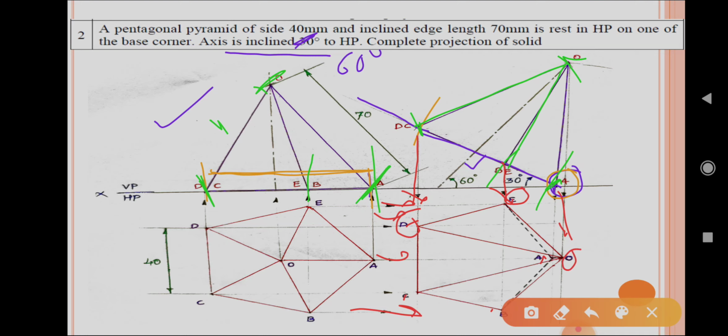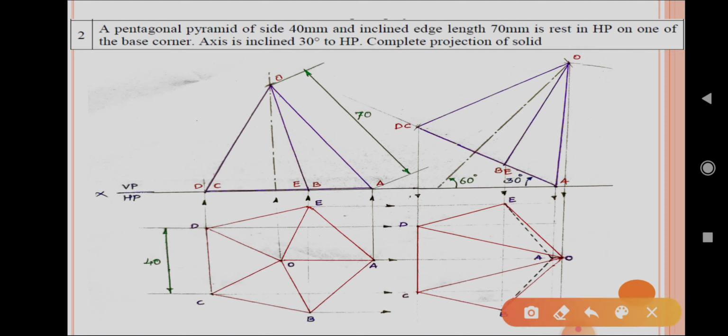For visibility: corner A, the resting point, is connected to O by a slant edge, and the base points E and B. We connect all these points with dotted lines, and the remaining points are visible. A to B is visible because it is directly visible. D and C are visible points in the top view. With the arrow concept, D and C we connect with a dark line.